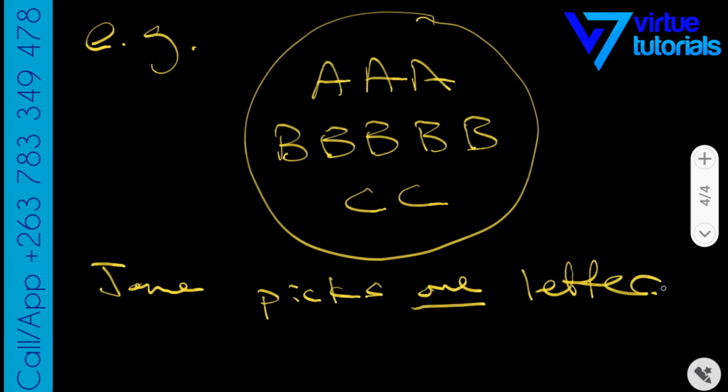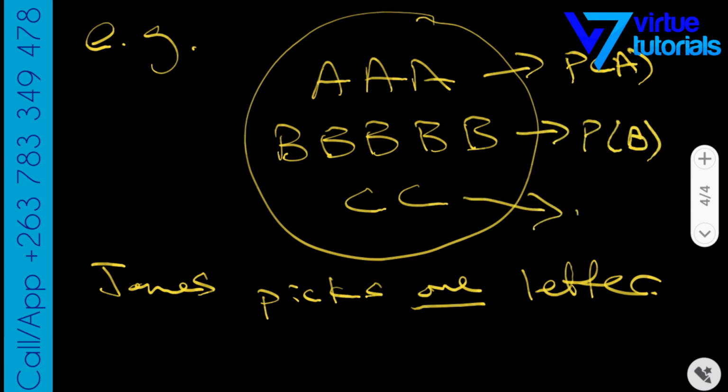Now, we don't know which letter James is going to pick, but we want to calculate the chances of him picking any letter. So first of all, what's the probability that James will pick an A, right? What's the probability that he will pick a B? And what's the probability that James will pick a C?